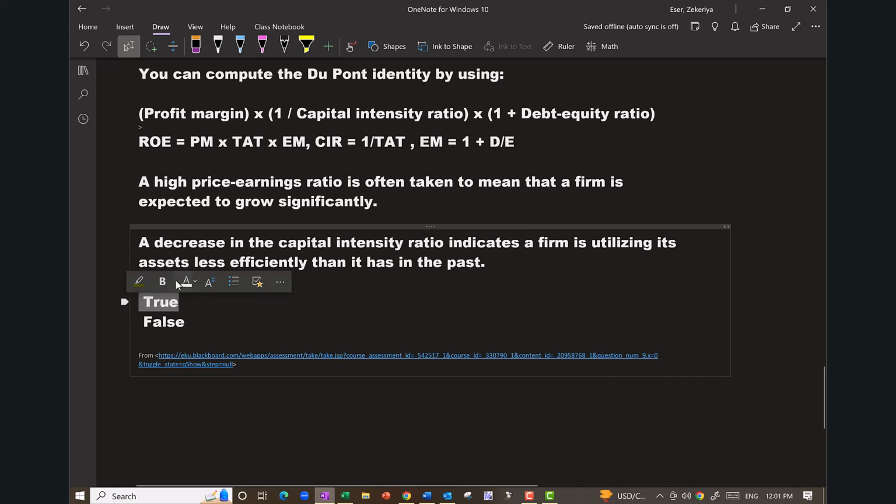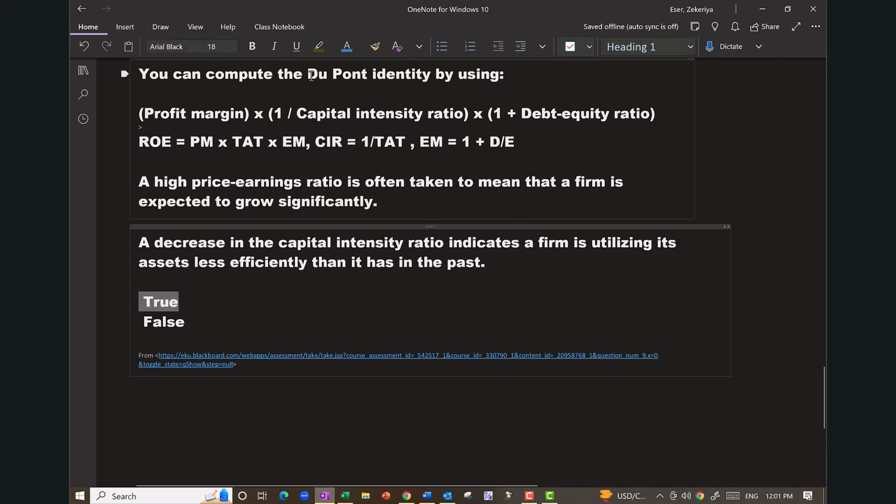The answer is indeed true. And here's the reason. As far as assets are concerned, the measure of efficiency of assets is total asset turnover. If that number goes up, you're using your assets more efficiently.